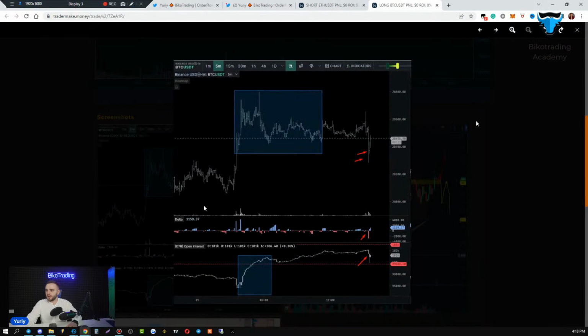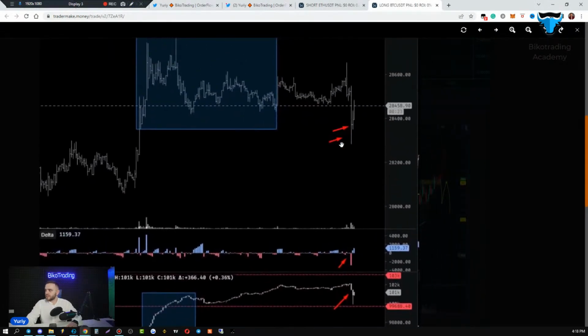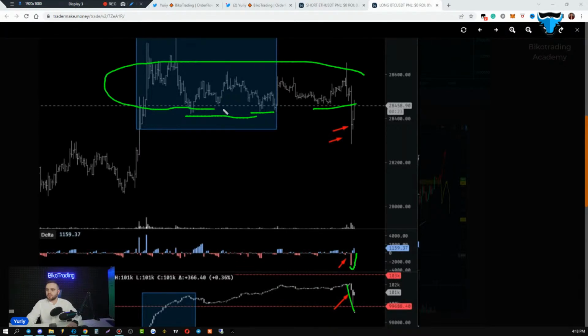And have a look at what happened. Exactly a few minutes ago, when price made the real low, delta was super negative and open interest dropped. What this means is that a lot of buyers that were here had their stop losses taken.